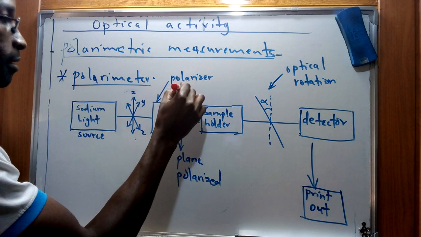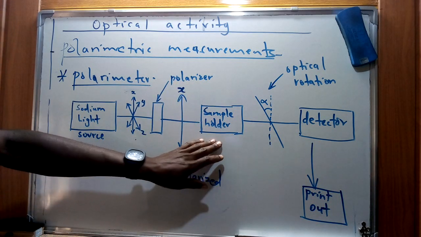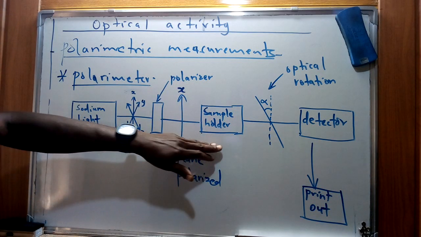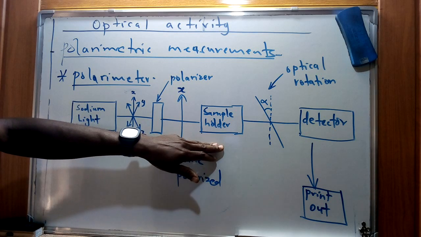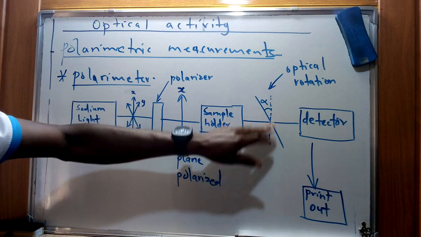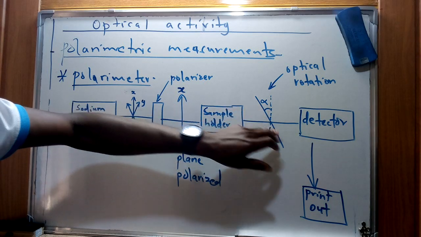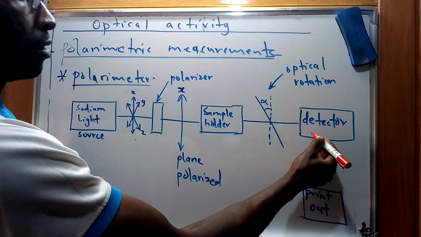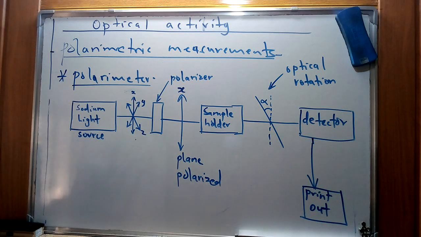and that aspect is polarization. So at this specific point this light is going to be passed through a sample of an enantiomer, whereby we are going to see that this light is going to be rotated at a specific angle alpha, and the detector is going to detect that specific rotation at this particular point.